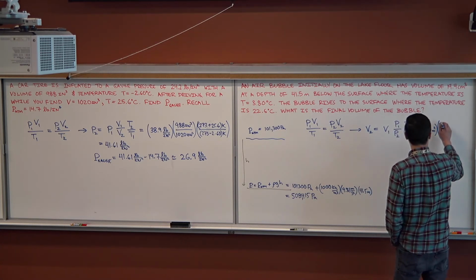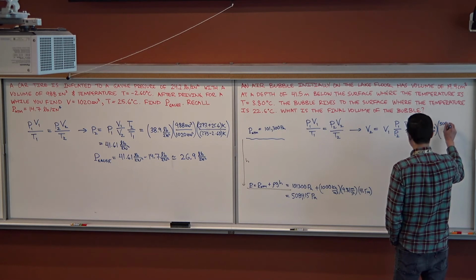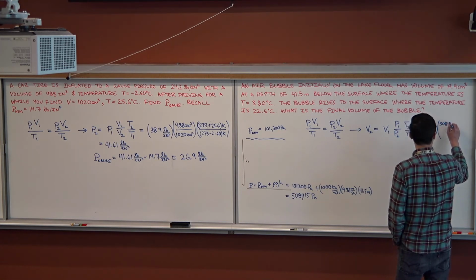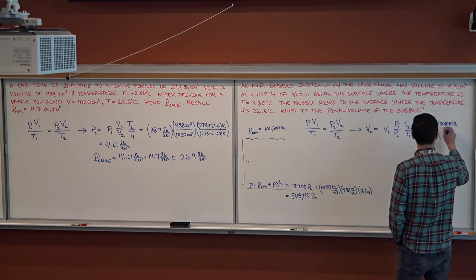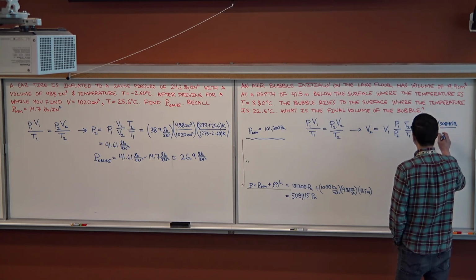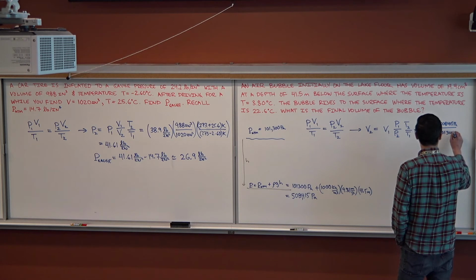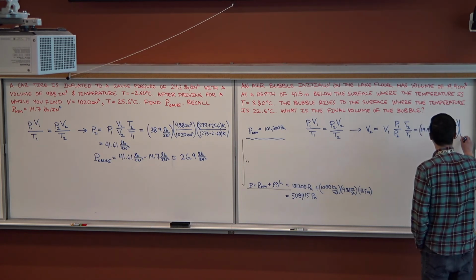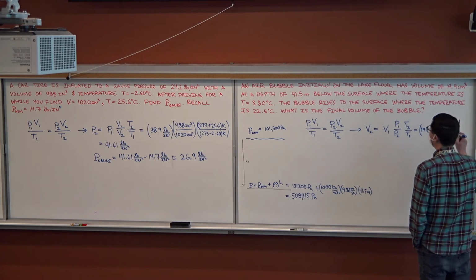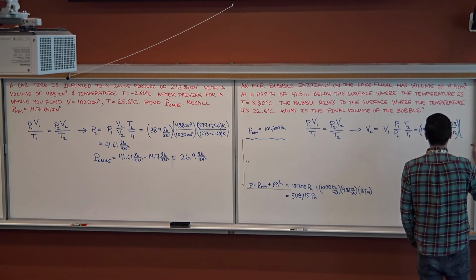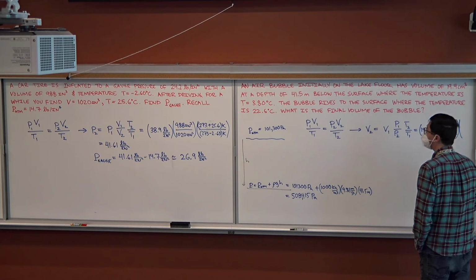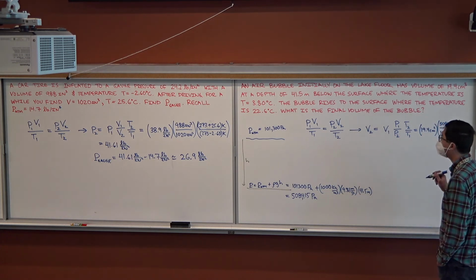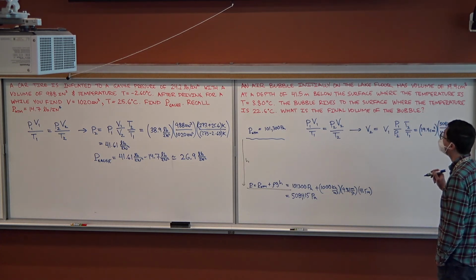P1 is 508,415. P2 is 101,300. And then T2 was, oh goodness, 22.6 plus 273 is 295.6.